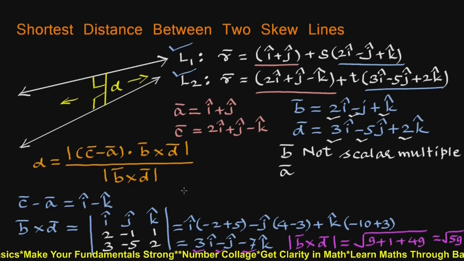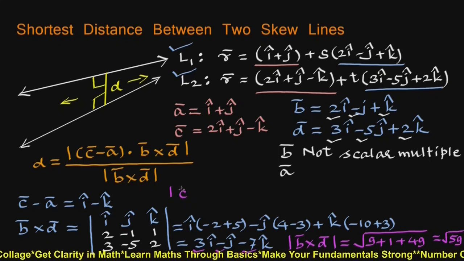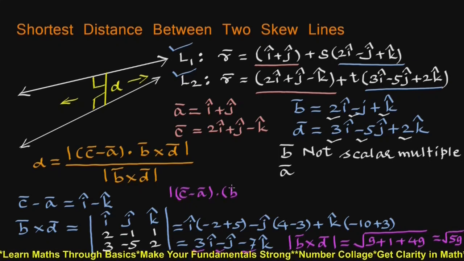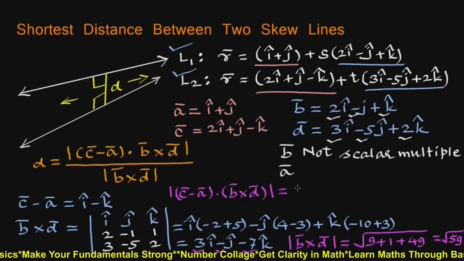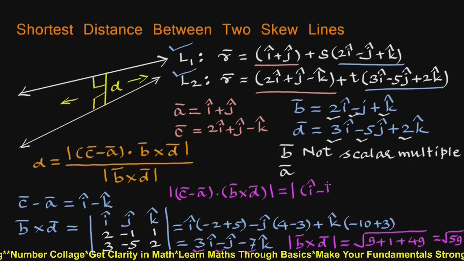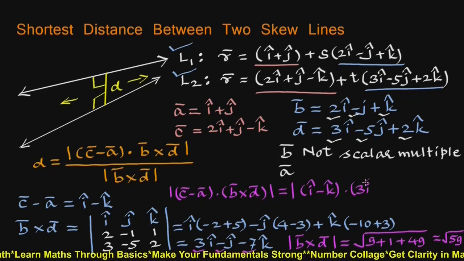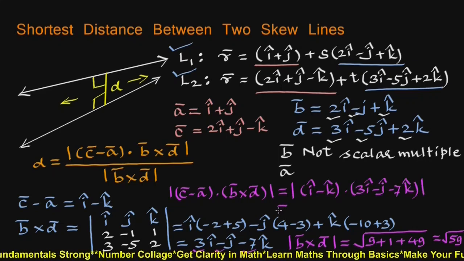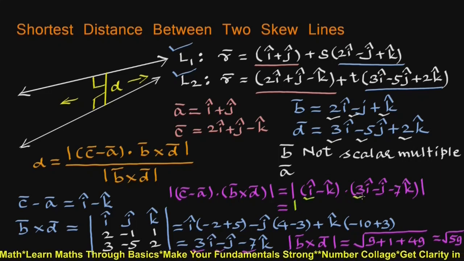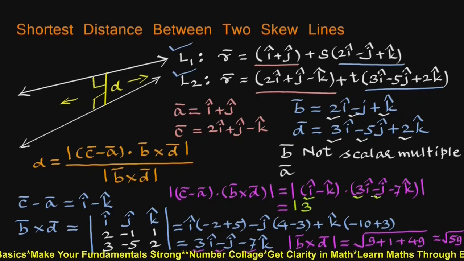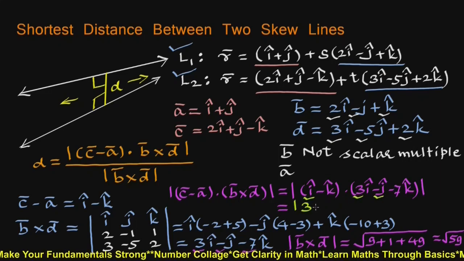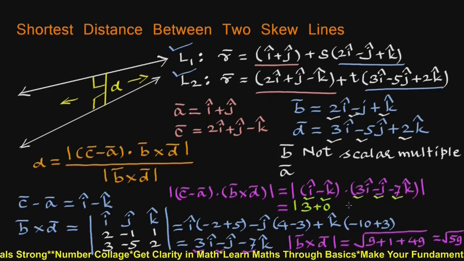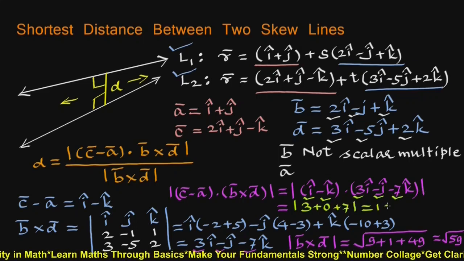One more quantity we need to find out is mod C bar minus A bar dot B bar cross D bar, that will be mod I cap minus K cap dot 3 I cap minus J cap minus 7 K cap, that will be mod 1 into 3 is 3, 0 into minus 1 is 0, minus 1 into minus 7 is plus 7, which is 10.